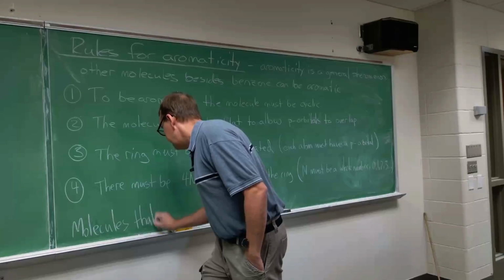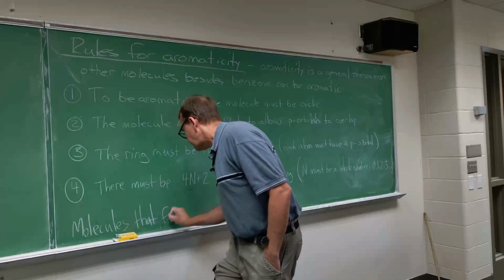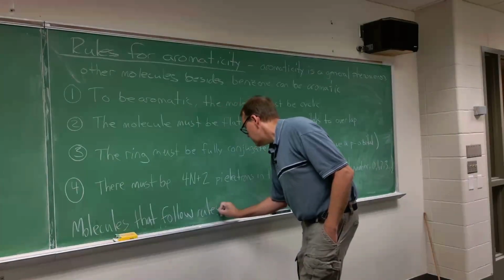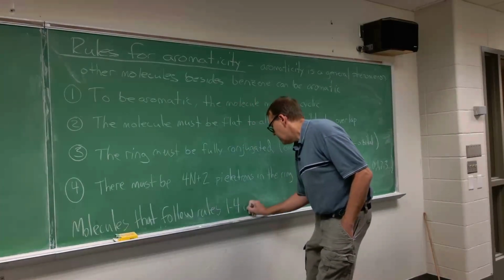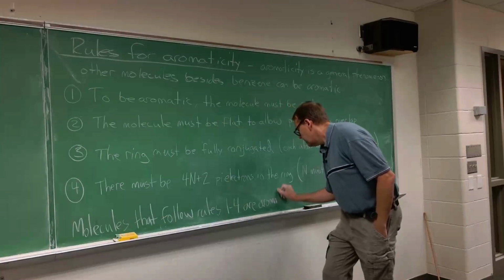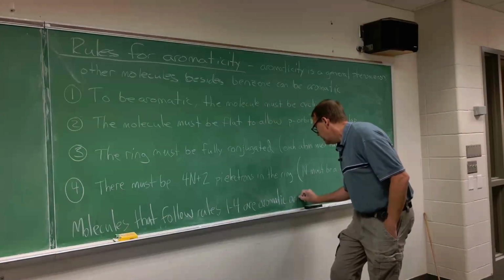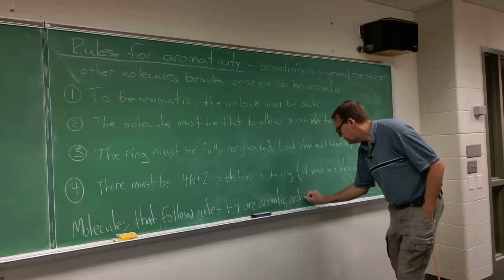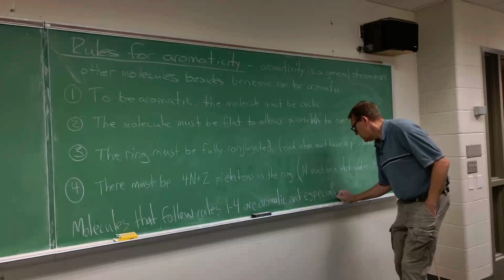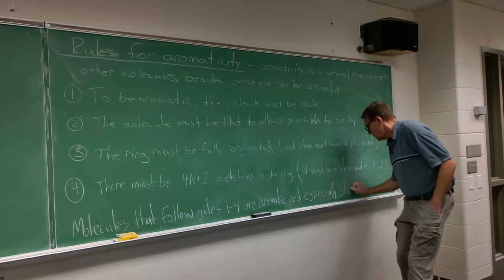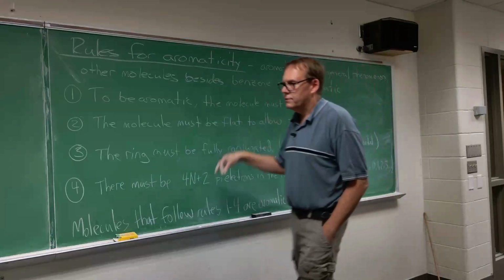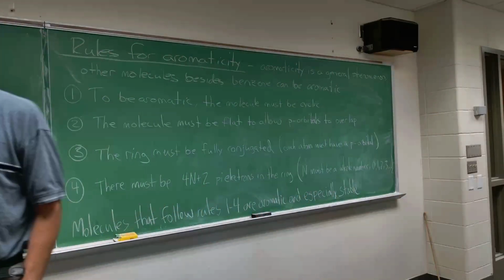Molecules that follow rules 1 through 4 are aromatic and especially stable, just like benzene. Benzene's got an unusual stability. Any molecule that mimics benzene's properties would also be especially stable and aromatic.